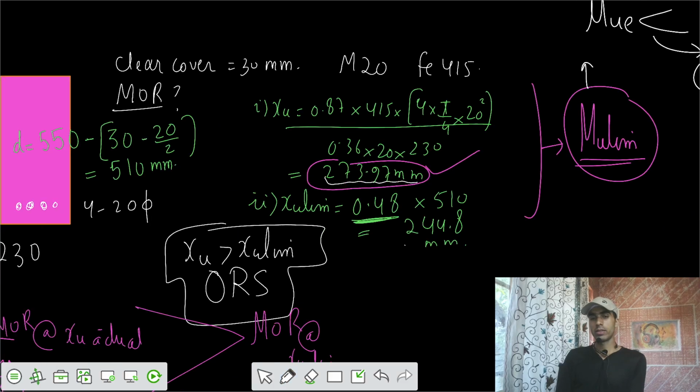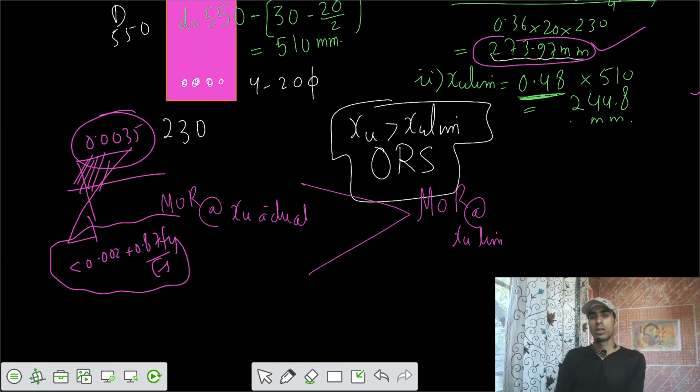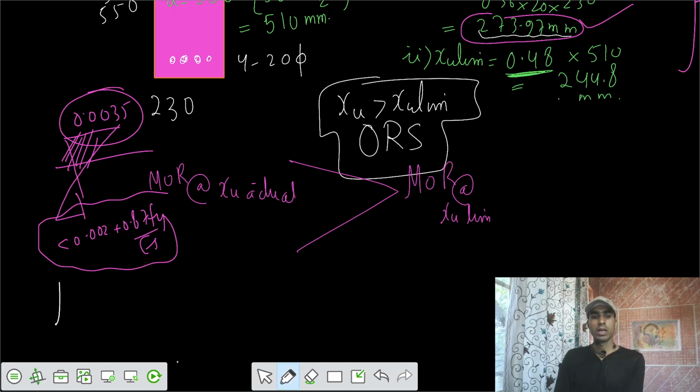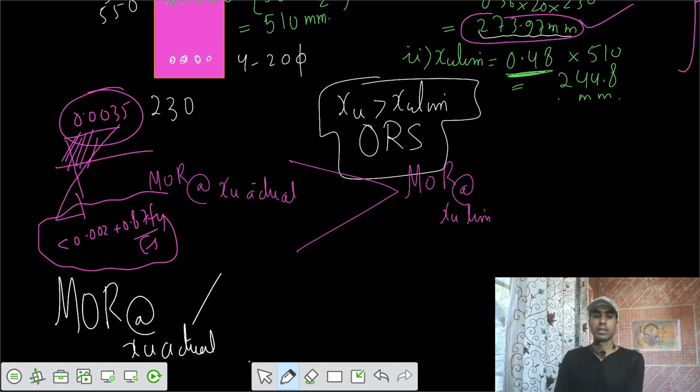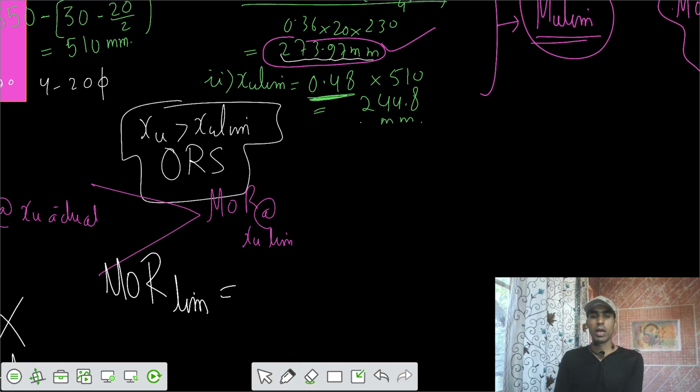So finally, corresponding to this condition, I am not solving MOR at Xu actual. No, I am not going for that. I am going to solve finally MOR at the limiting condition. So I need to solve Mu limiting.